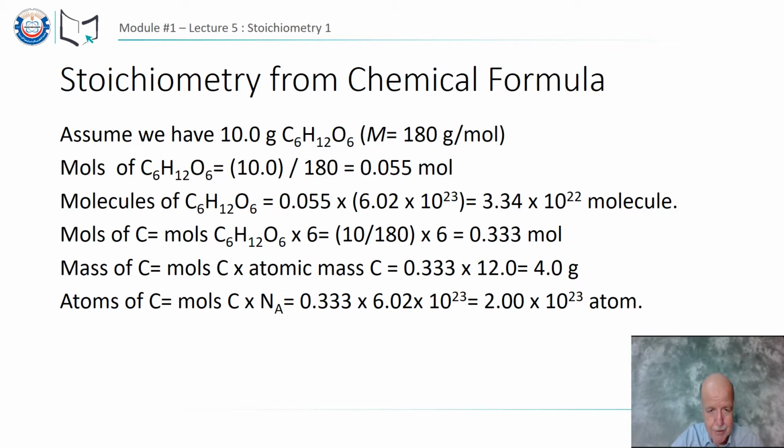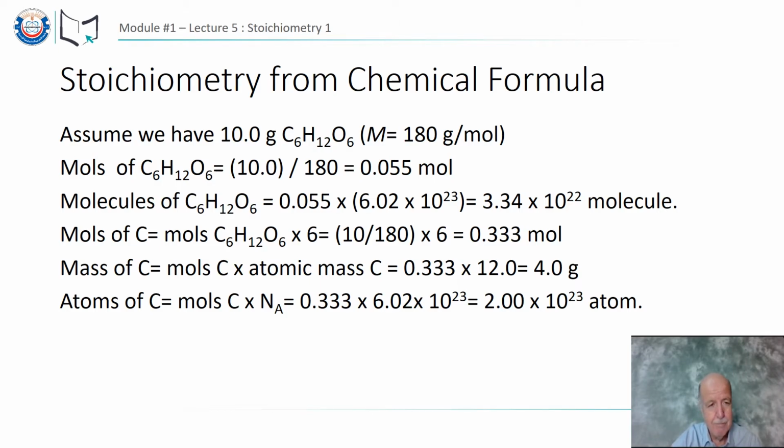From glucose, I can make calculations on what? I can make stoichiometric calculations in C6H12O6, in which I can calculate moles and molecules. I can calculate also for carbon: moles carbon, atoms carbon, mass carbon, percentage of carbon.